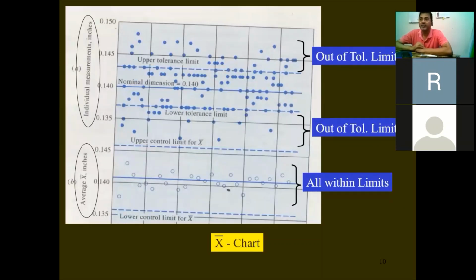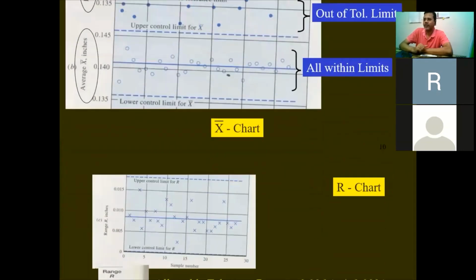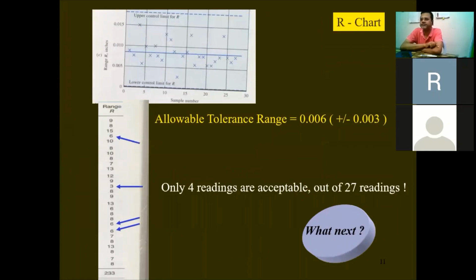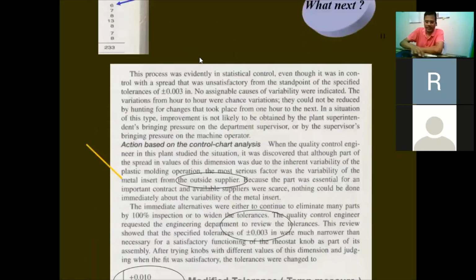They compared individual measurements. See how many points have gone completely out of control limits. It had happened in X bar completely. Only this much is within the limits. Please see the R chart.